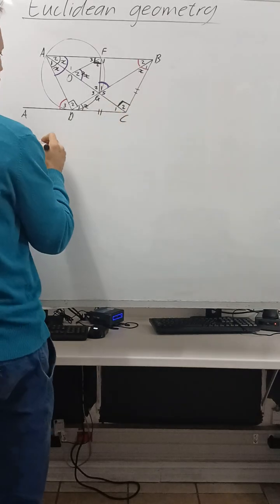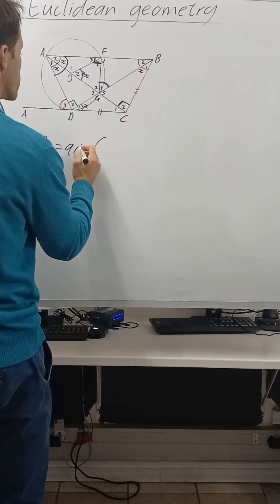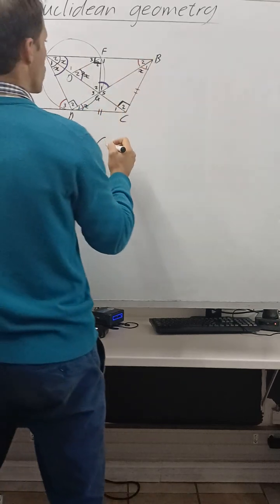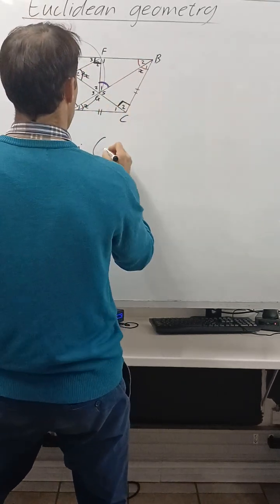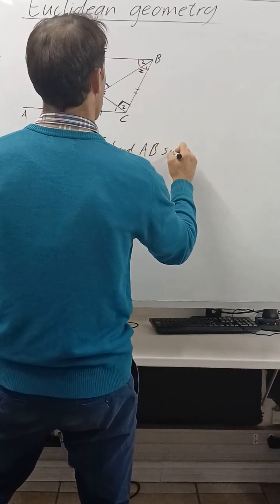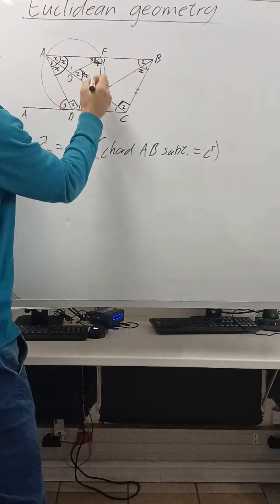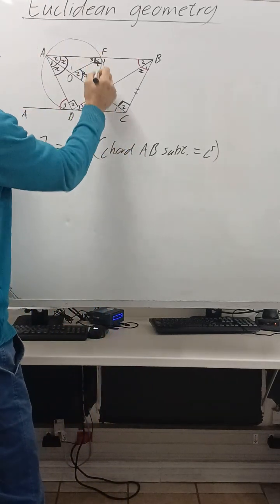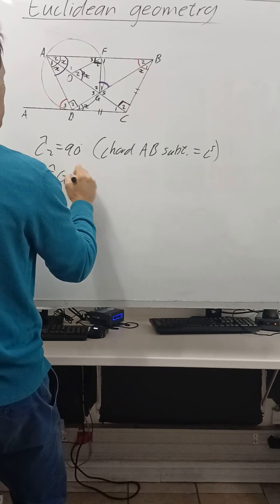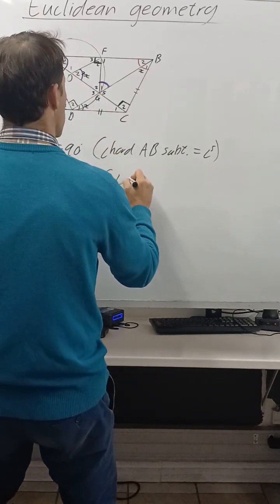So we can just say C2 is equal to 90 degrees. I think we said it already, but let's just say it again. C2 is 90 from chord AB, subtends equal angles. And then we can say AFG is 90, angle on diameter.